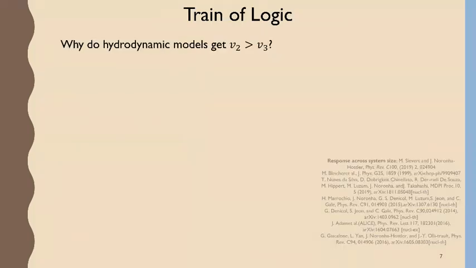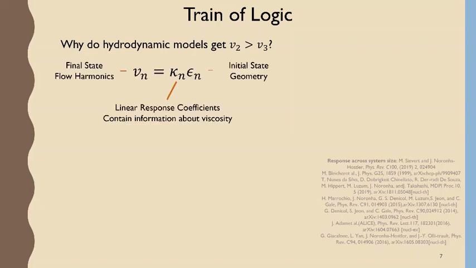So now to walk through how the hydrodynamic models get this ordering of V2 greater than V3, we first should think of this relationship between the initial state geometry and final state flow harmonics using this linear relationship, where kappa n is a response coefficient that contains the information about viscosity and the hydrodynamic evolution.